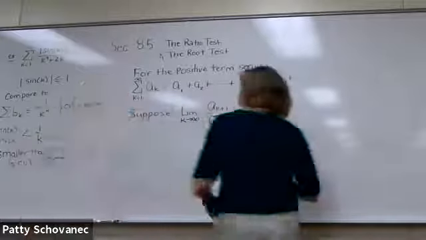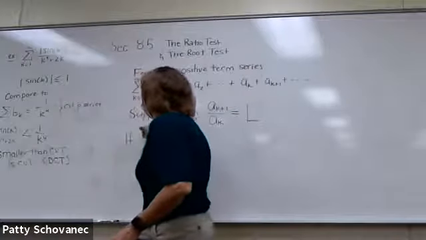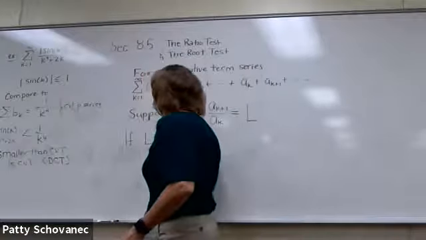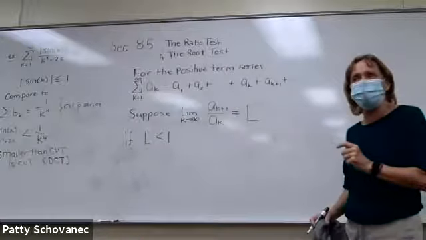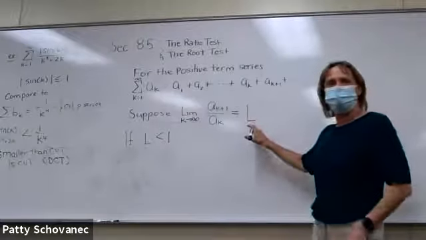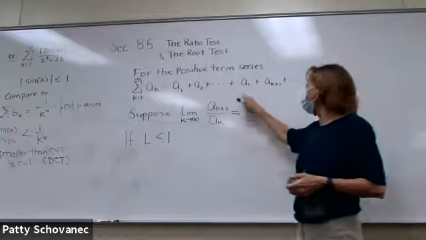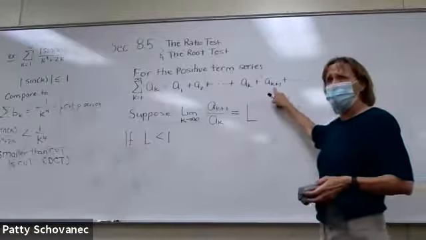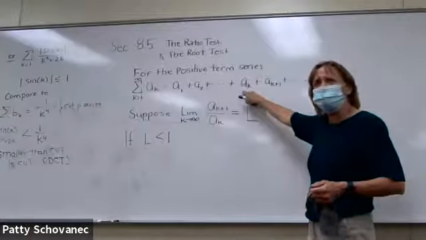But it does provide information if L is smaller than or bigger than 1. If L is smaller than 1, think of a fraction, then my subsequent terms are a smaller fraction of the previous terms.